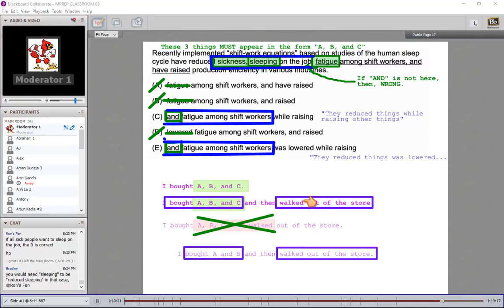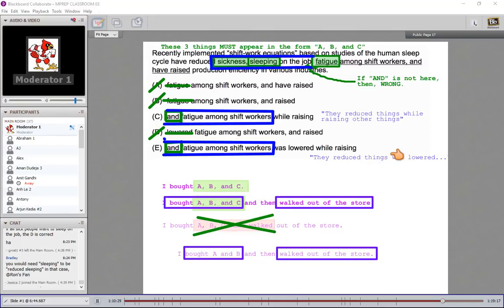The first thing is, they reduced things would be a sentence, and things were lowered would be a sentence, but you can't stick those to each other. Make sure that you guys are not editing the answer choices. Do not ever do that. Do not try to make your own changes to answer choices. Okay. So E is not a thing. That leaves us with C.